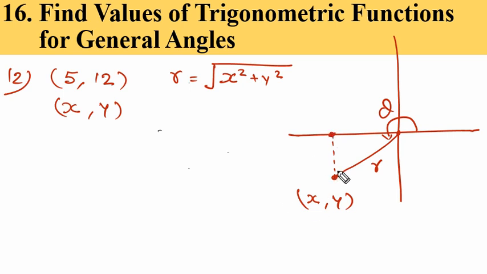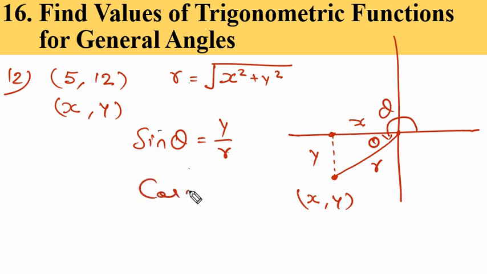In this case, this is your opposite, and opposite is y, adjacent is x, and this is your r. So now sine theta will be y over r, cos theta will be x over r, tan theta will be opposite over adjacent, so y over x.